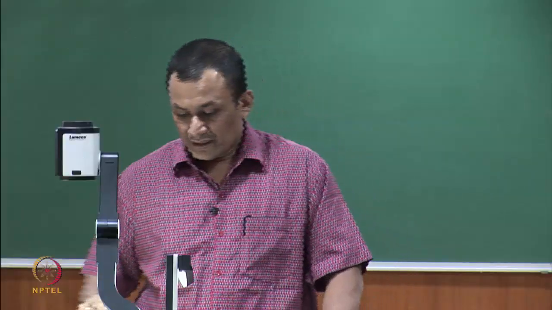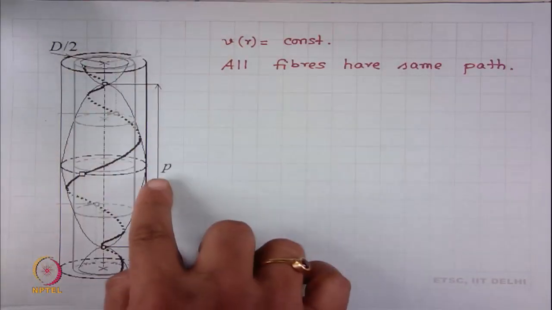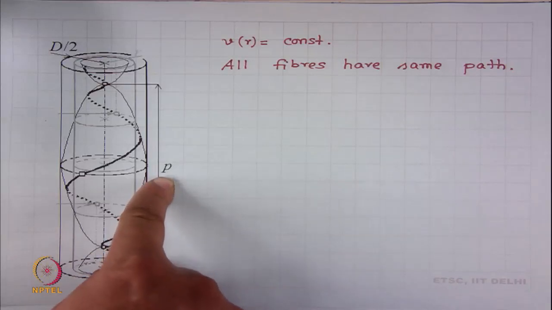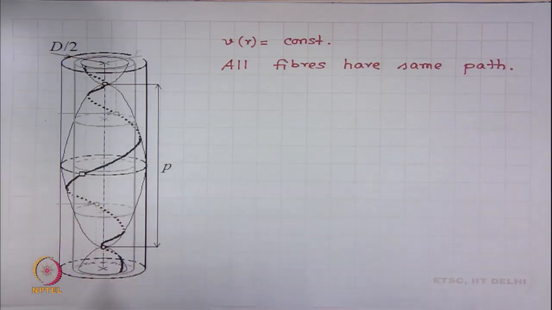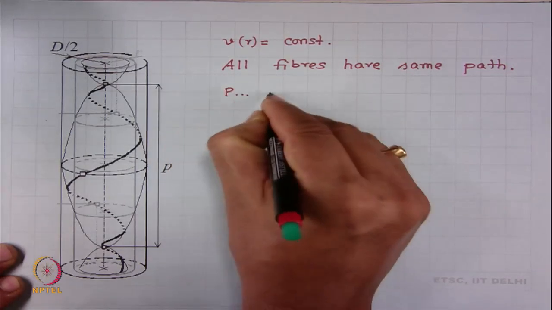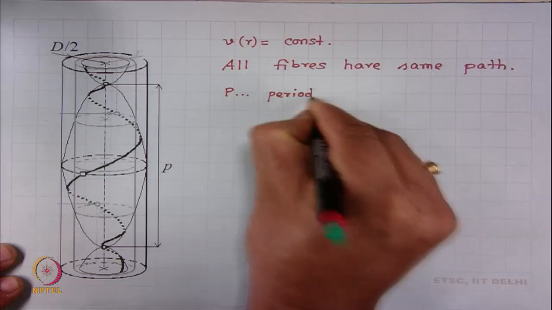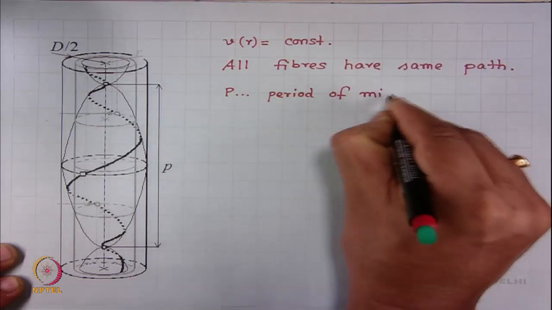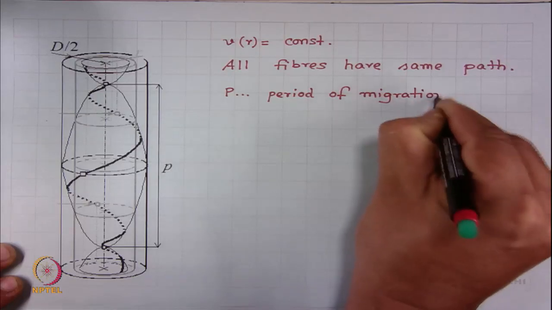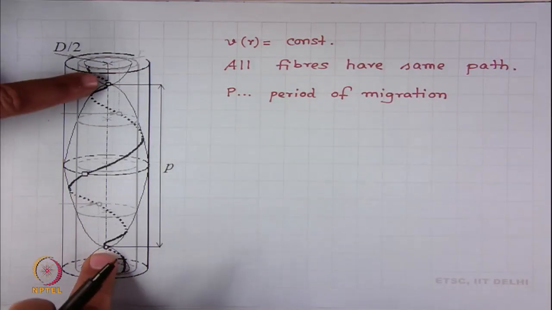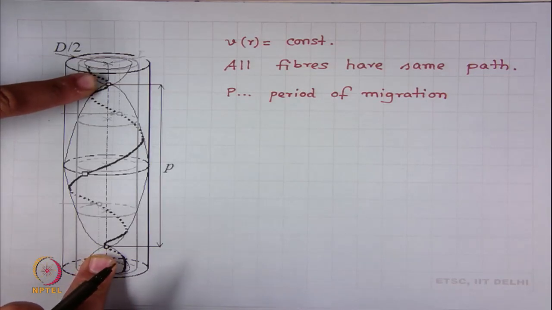Now, in this diagram you see a small p is written. What is this small p? Small p stands for period of migration. This period is basically the distance between two adjacent points touching the yarn axis. So, this is the definition of period of migration P. Now, how many fiber segments intersect at these 2 points? 2.